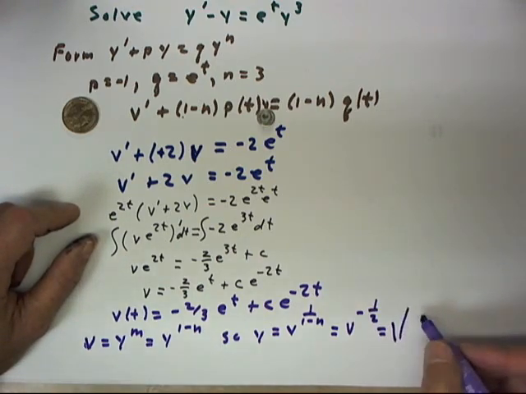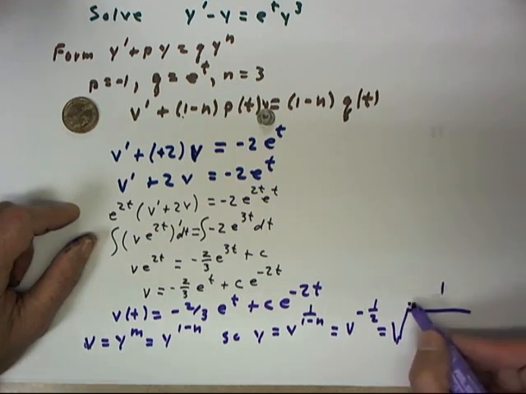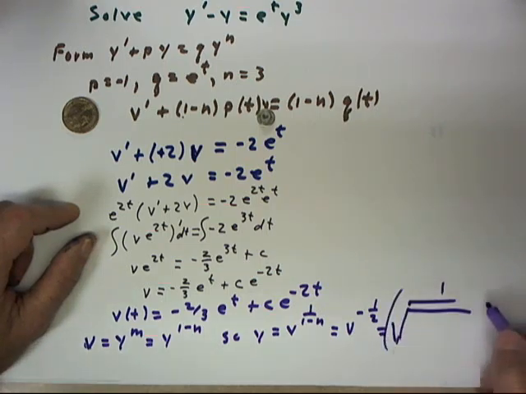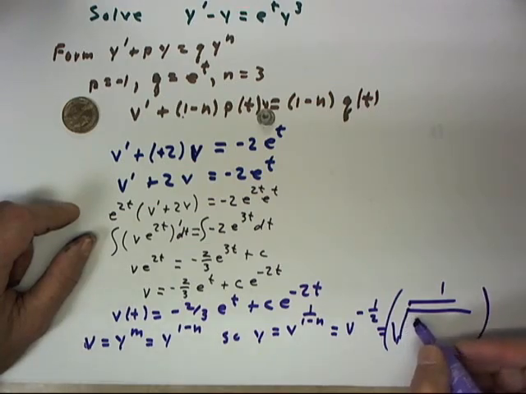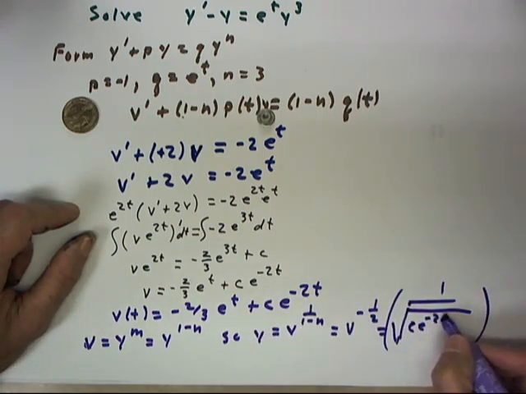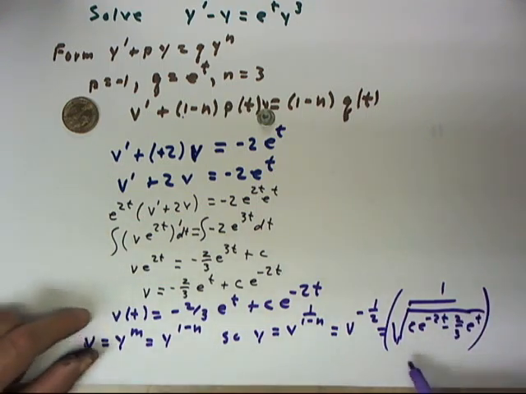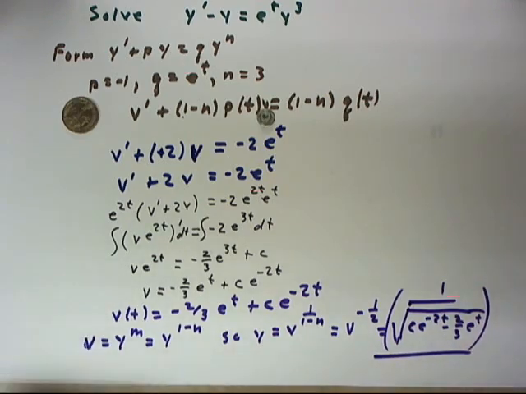And that negative 1/2 power, of course, is the square root. That's going to be 1 over the square root of, let's write it in this order, c e to the negative 2t minus 2/3 e to the t. Now that form could be modified, simplified, etc. But this should illustrate the process.